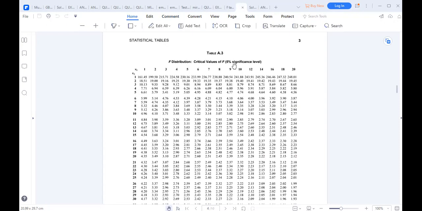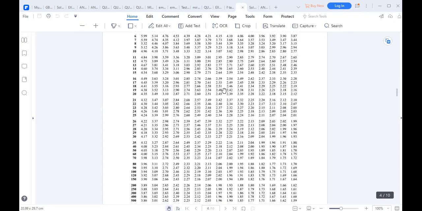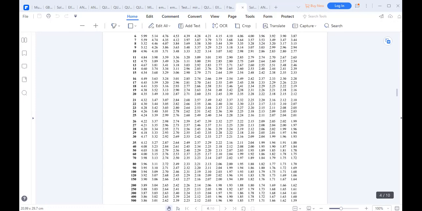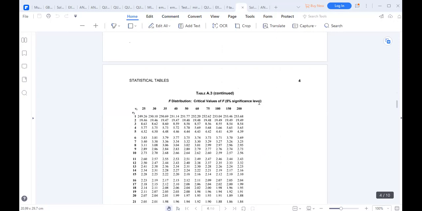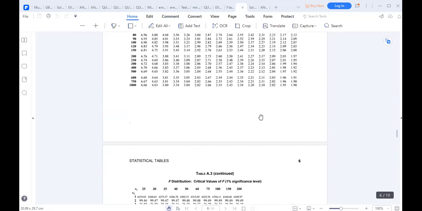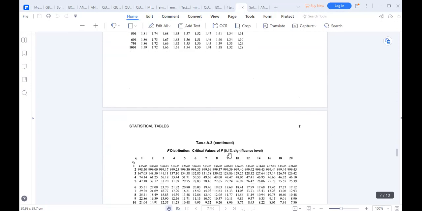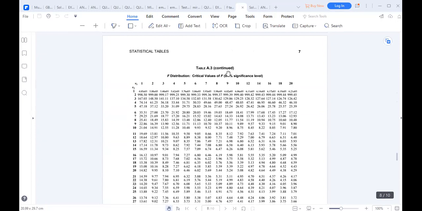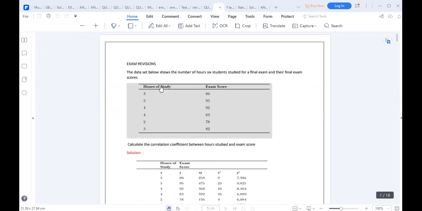For example, this table is a 5% table, which is the standard if you're not given. Then there's also a 1% table and another 0.1% table. So these are the only 3 tables you have. The percentage is the title of the table. Is that clear?